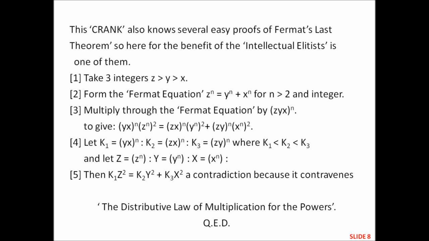Form 3 coefficients. k1 equals yx to the n, k2 equals zx to the n, k3 equals zy to the n, where k1 less than k2 less than k3, and let z equals z to the n, y equals y to the n, and x equals x to the n. Then k1 z squared is equal to k2 y squared plus k3 x squared. A contradiction, because it contravenes the distributive law of multiplication for the powers, QED.